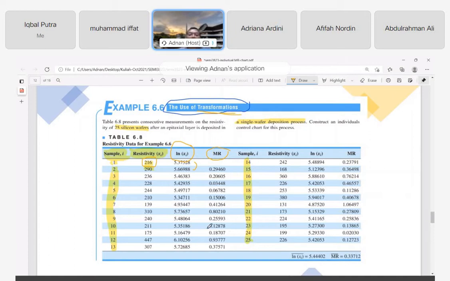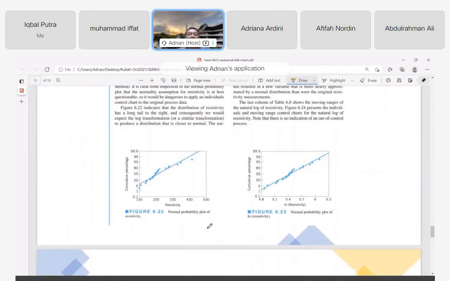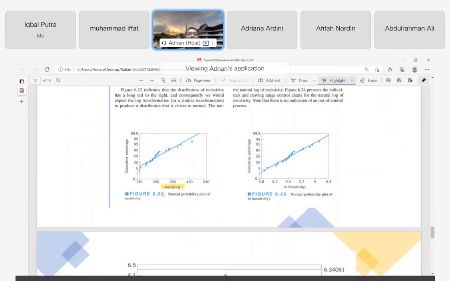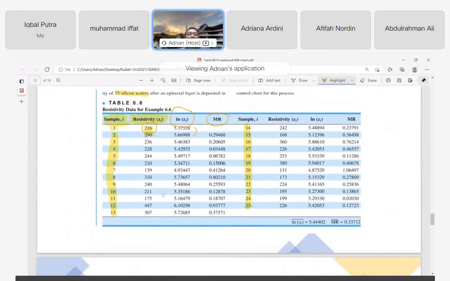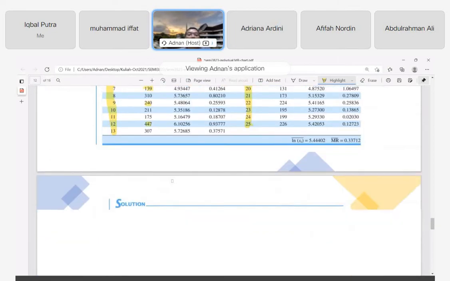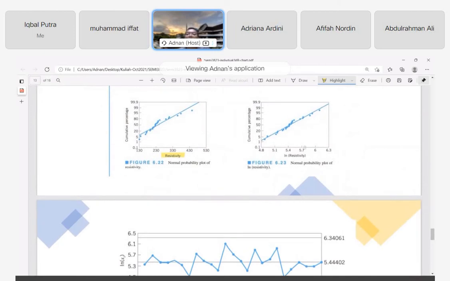With that, if we plot the individual value, this is the plot of the resistivity original value, ranging from all these values, there are 1339, there are 240, 447, and so on. But when we put in the logs, it's a log value. So this is what is showing here.